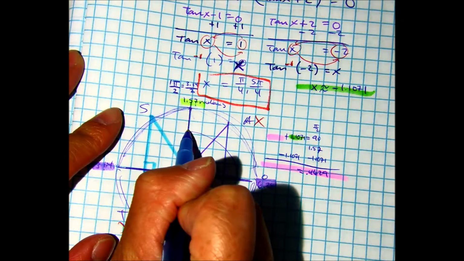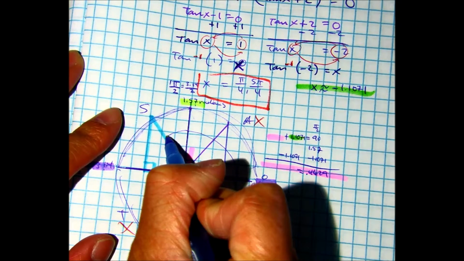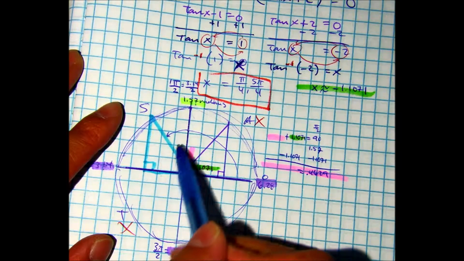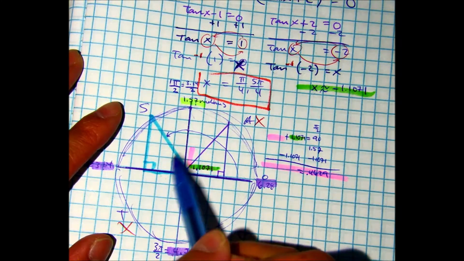1.57 radians. Now I need to add this bit. Think in your head, where does the pink and the green go? Talk to your partner, 10 seconds. Ready, set, go.